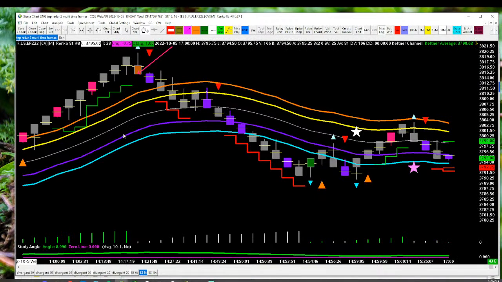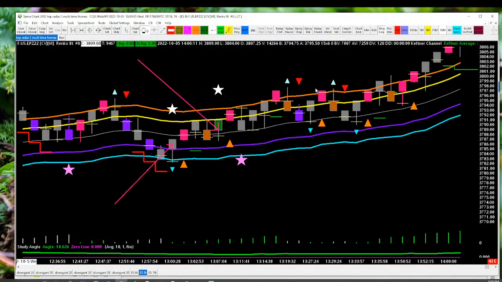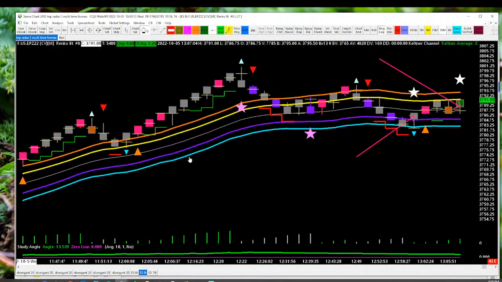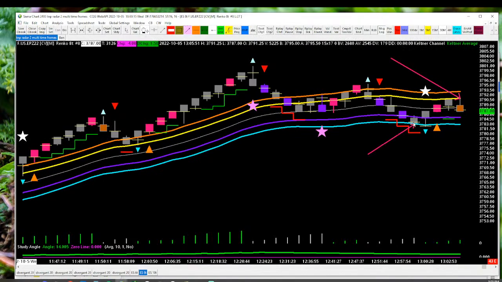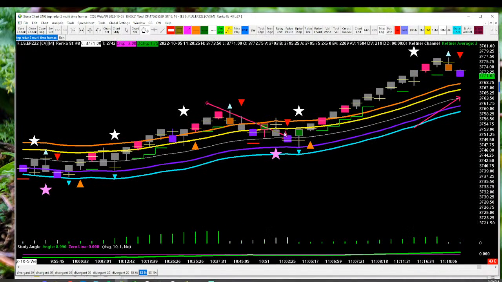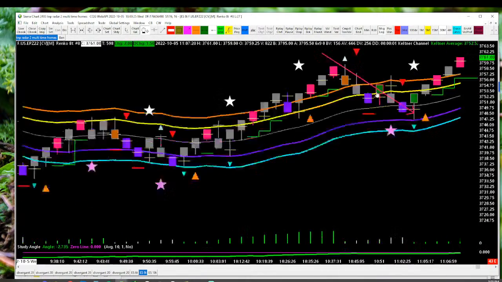Like, I mean, here though, this was a huge extension. I'd probably take this as a scalp because I'm taking it so high. I wouldn't hold through this personally. This one's okay, but there's no purple bar here, so it's very aggressive. This one's super aggressive, but it worked. And then this one is like A+, and it traded. You basically got paid as many points as you could hold.